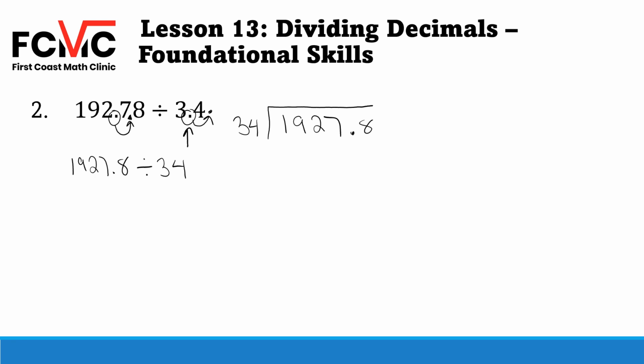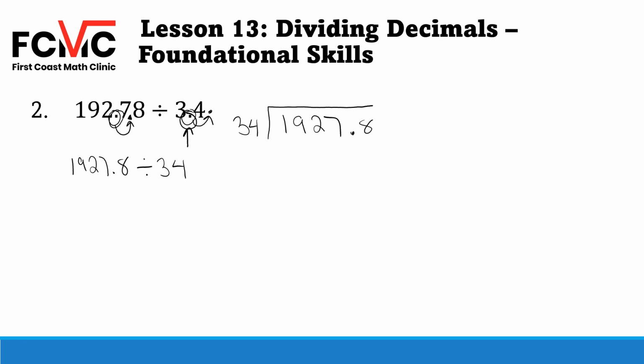So again, we made our division a little bit easier just by getting rid of the decimal, or moving the decimal from the number we're dividing by, and we move that decimal just to make our work a little bit easier. All right, so let's start our division.